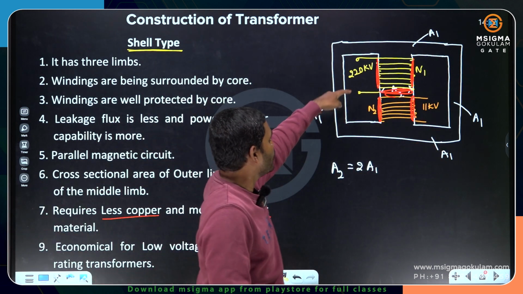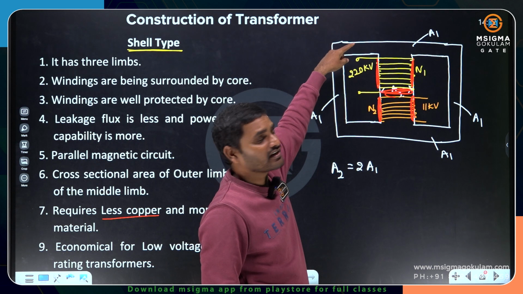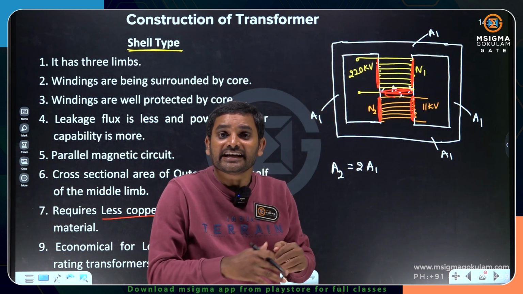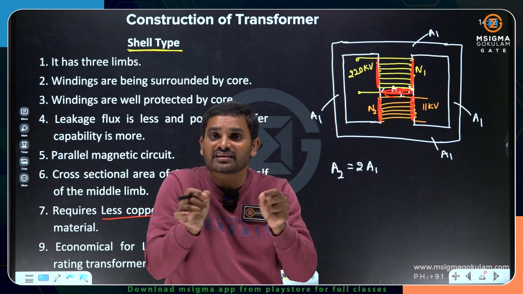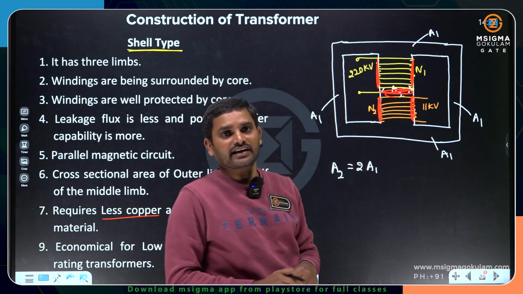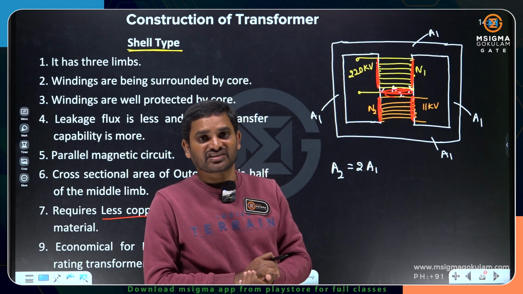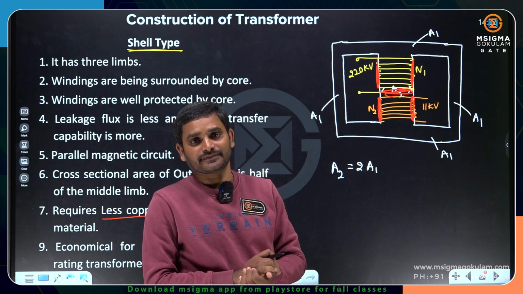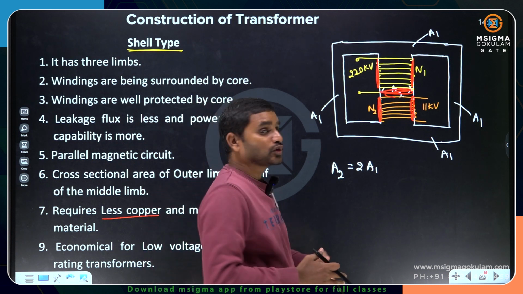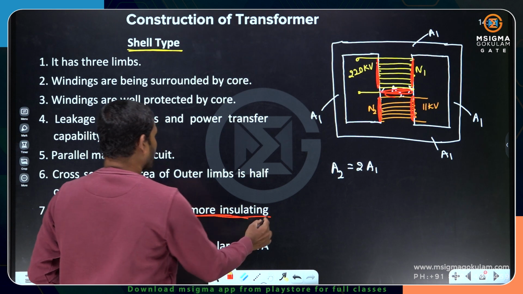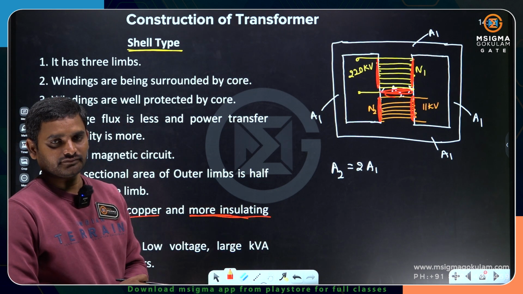So if you increase the voltage on the high voltage winding, it will create stress on the low voltage winding also, and it may lead to failure of the insulation on the low voltage side, because it cannot withstand high stresses. That's the reason why, to withstand those stresses, we usually place more insulation.